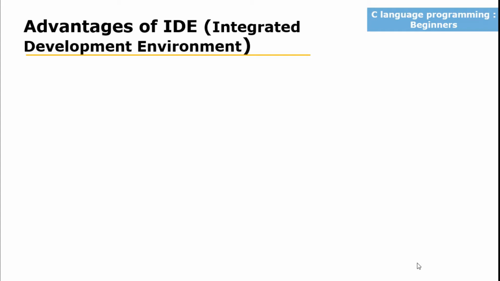That's why the name is Integrated Development Environment. It provides more flexibility to the programmer to develop programs in a fast and efficient way with less time and effort. Now let's see the advantages of using the IDE.